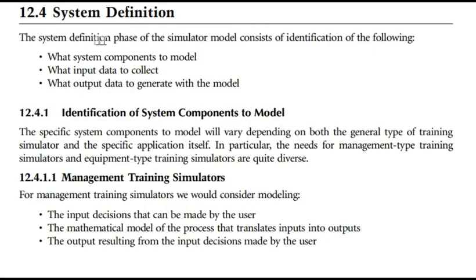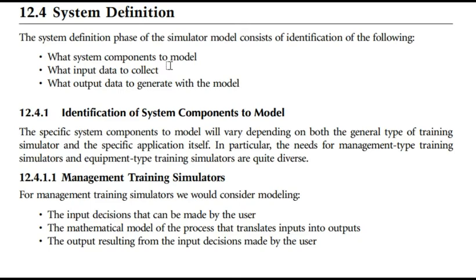Now, the system definition phase of the simulator model consists of identification of the following. So, these three things here listed in bullet form, you have to identify this first kapag mag-simulate ka na ng model. So, first, you have to identify kung anong system component pa yung imamodel mo. Second, ano yung mga input data na kailangan mong i-collect?